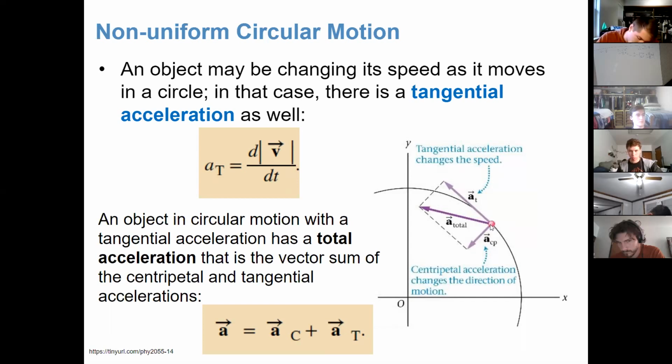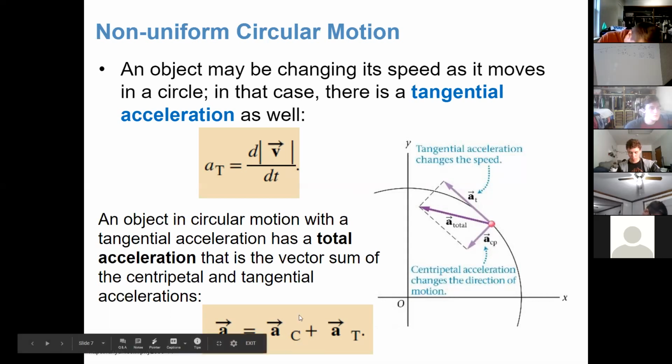The total acceleration is the vector sum of centripetal and tangential acceleration, because acceleration is a vector. So the total will be pointing somewhere in this direction. It's a combination of a centripetal and a tangential, as in this equation.